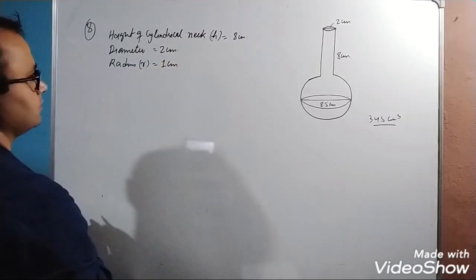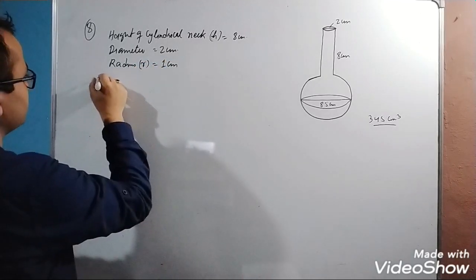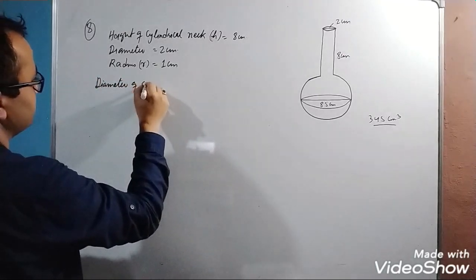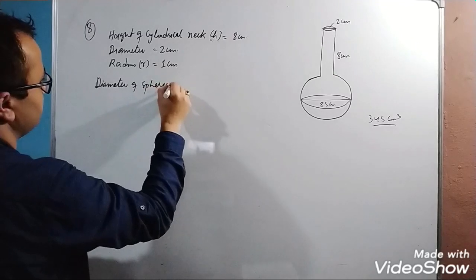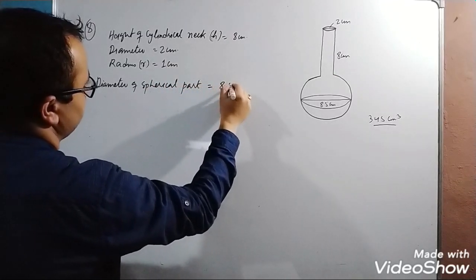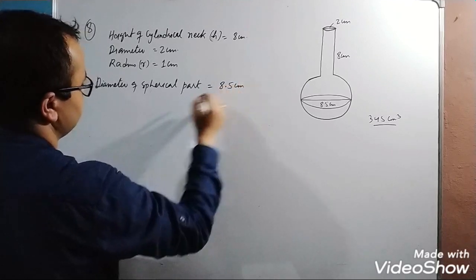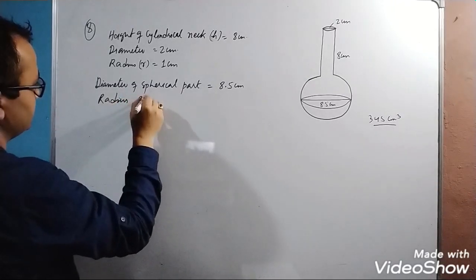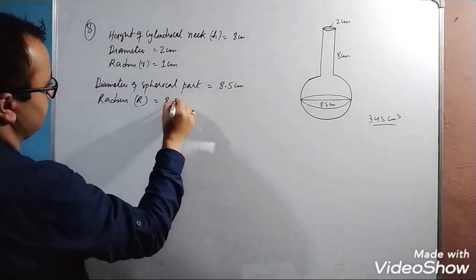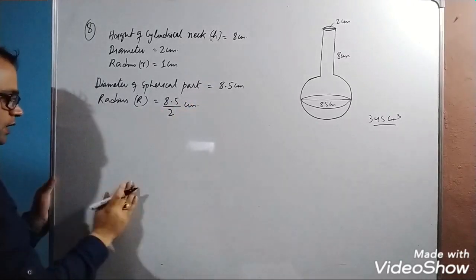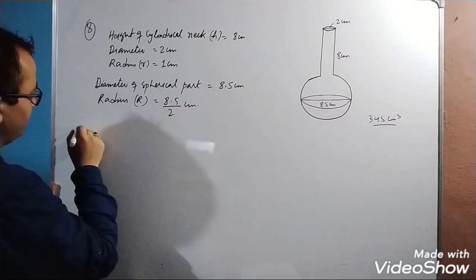Now the diameter of the spherical part equals 8.5 centimeter, so the radius is 8.5 divided by 2 centimeter. Now we can calculate the volume directly.